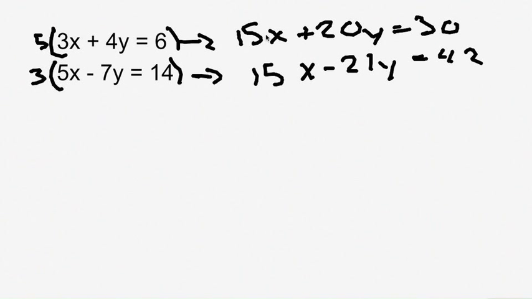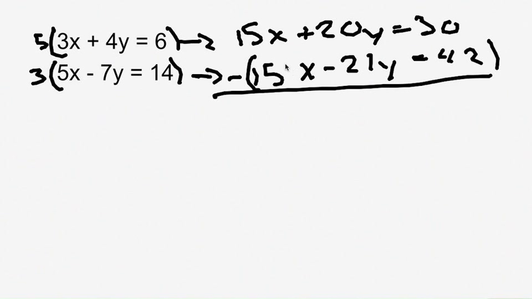Because the x coefficients are the same, you want to subtract the second equation. So 15x minus 15x is 0. 20y minus negative 21y is 41y. And 30 minus 42 is negative 12.